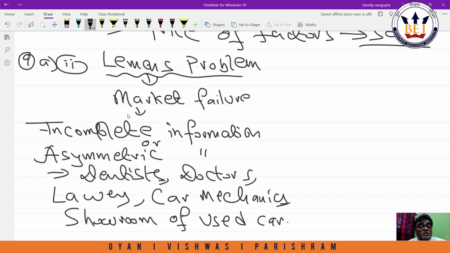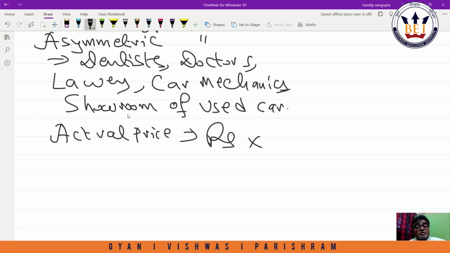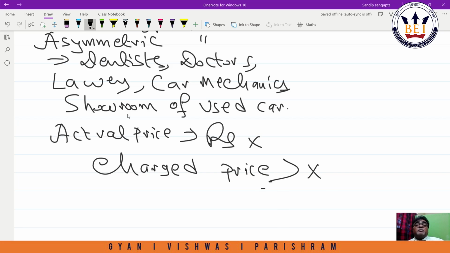Well, obviously it is good car and used car, but whatever is not there, they will charge this. Suppose I give an example, say actual price should have been INR X, but he will charge price more than X, means actual price means this is equilibrium price.